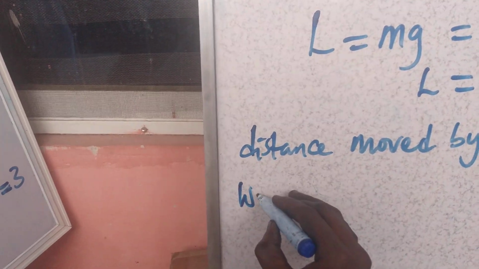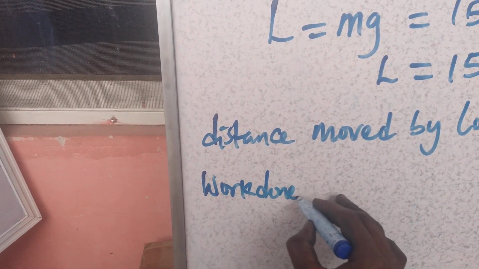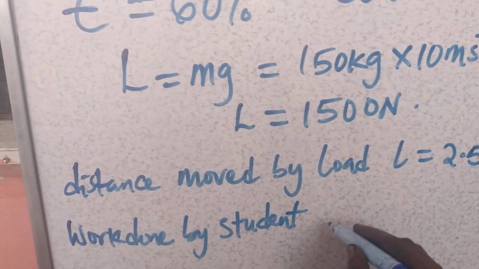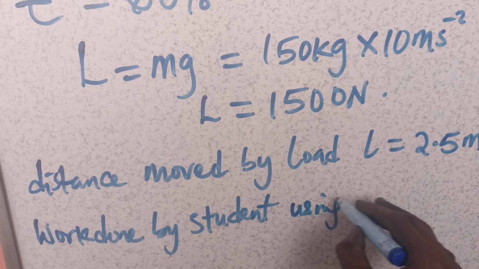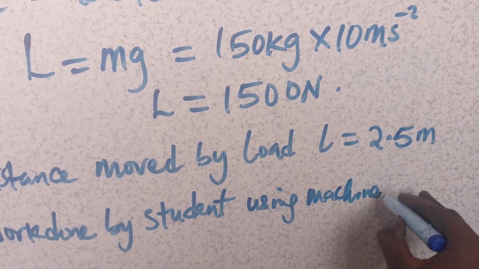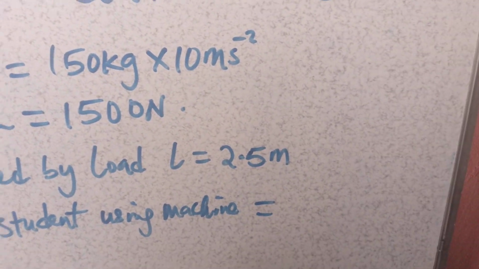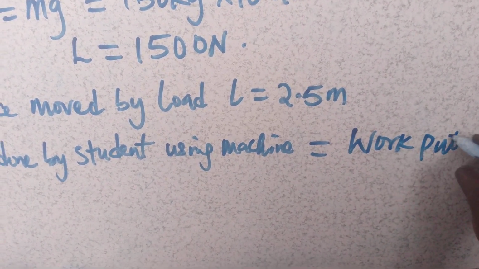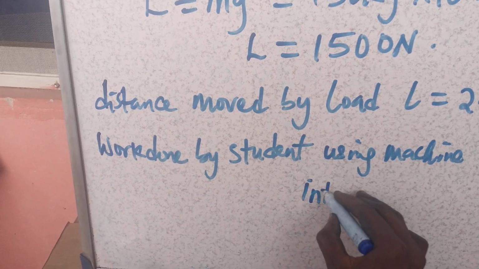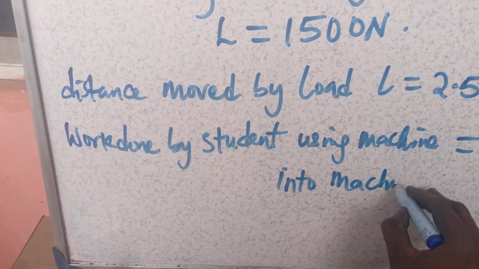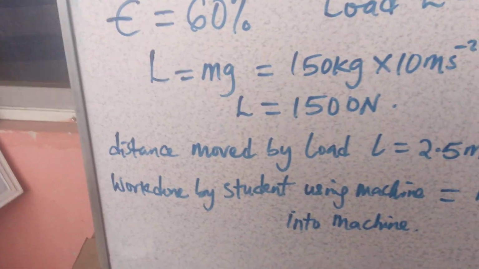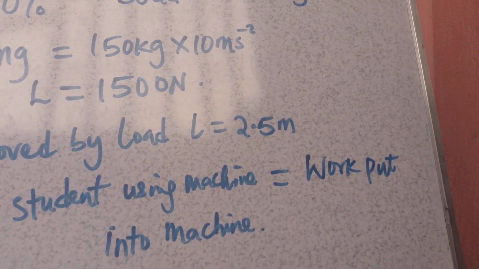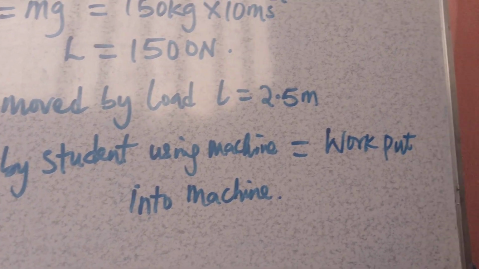Find in joules the work done by a student using this machine. So the work done by the student using the machine is equal to the work put into the machine.